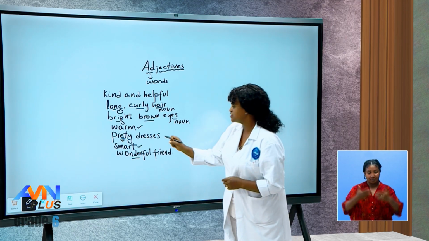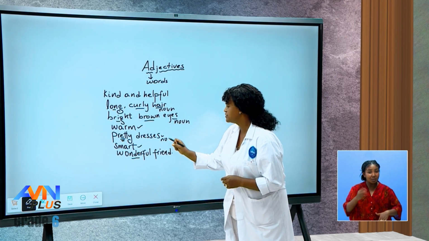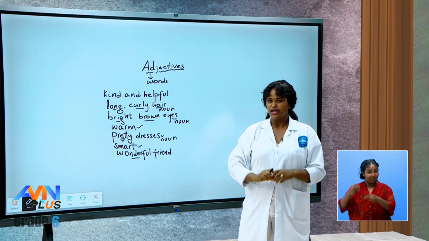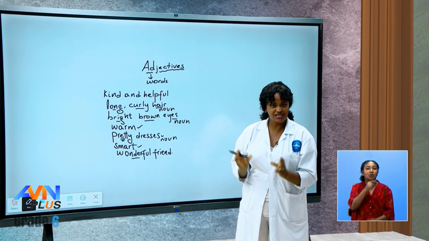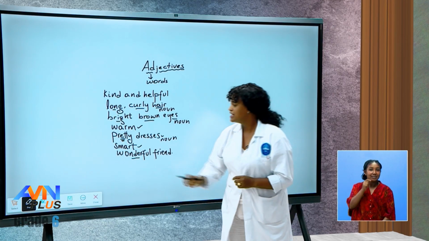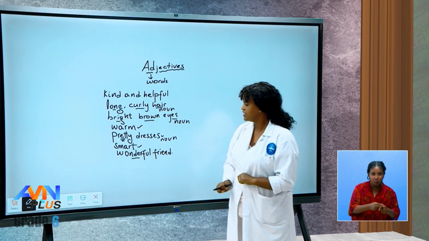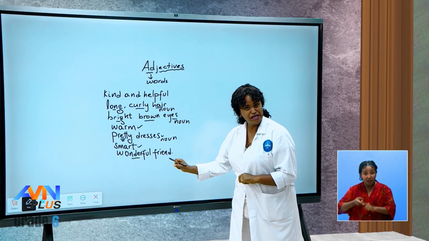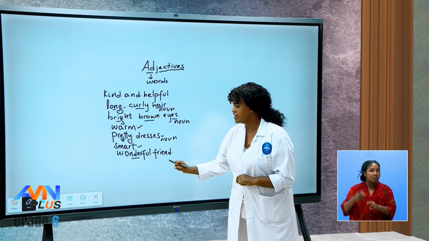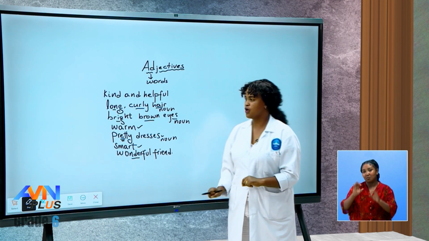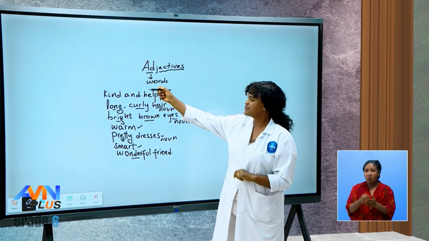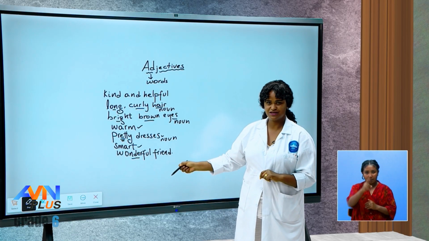Her dresses. Dresses. Noun. Okay. And she. Who is she? ትዕግስት. She is what? Smart. ትዕግስት. Noun. Smart. Okay. Friend. Common noun. What kind of friend is she? Wonderful.